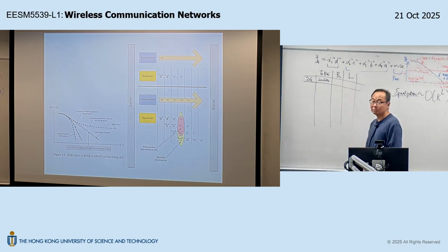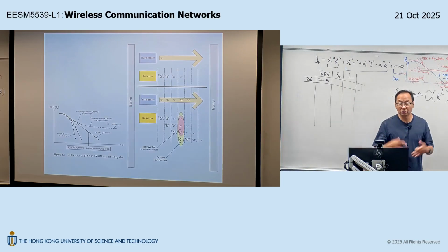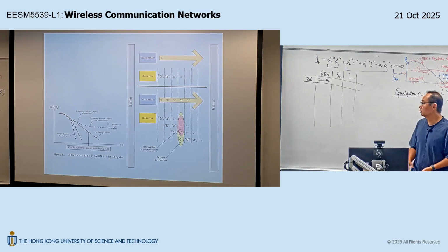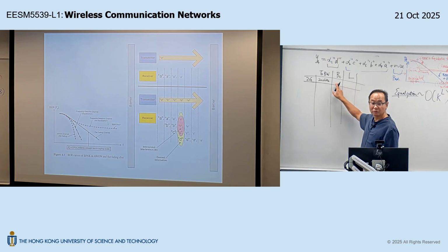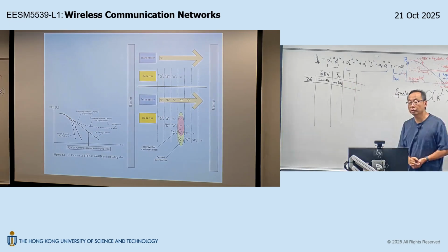Now, GSM system is designed to provide outdoor coverage, right? So for outdoor coverage, what is the order of magnitude for the coherence bandwidth? Remember, coherence bandwidth is a parameter to characterize how severe your multipath is, right? So typically, the order of coherence bandwidth for outdoor is about 100 kilohertz, okay?